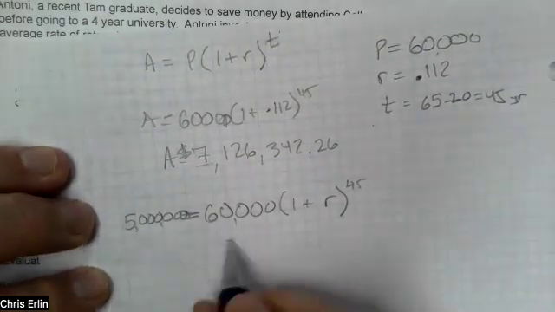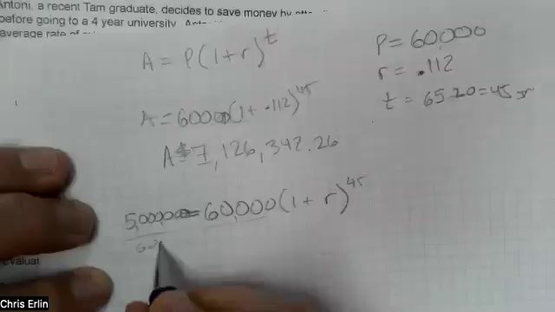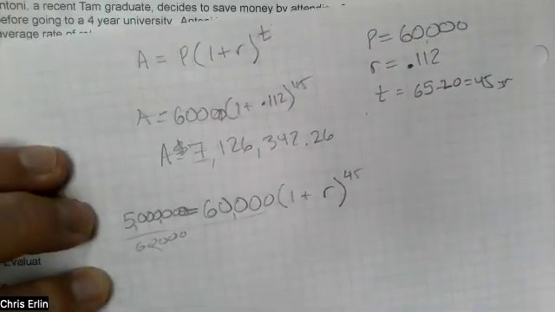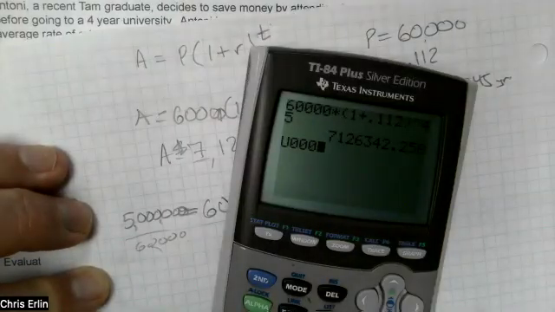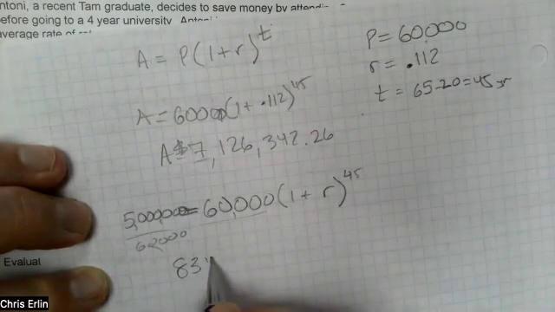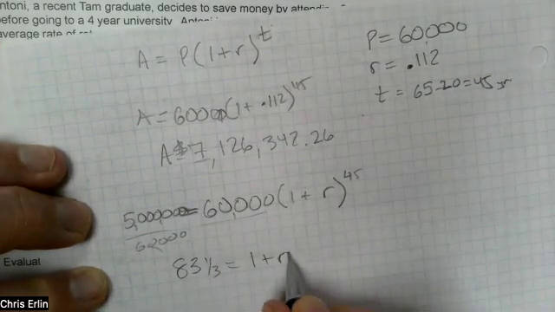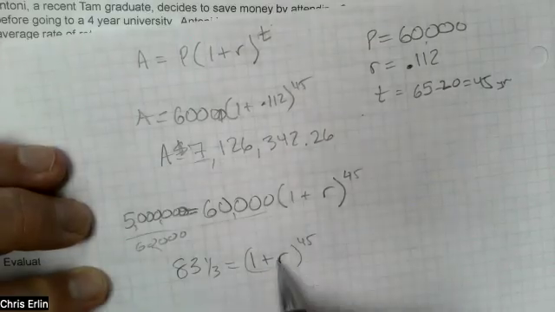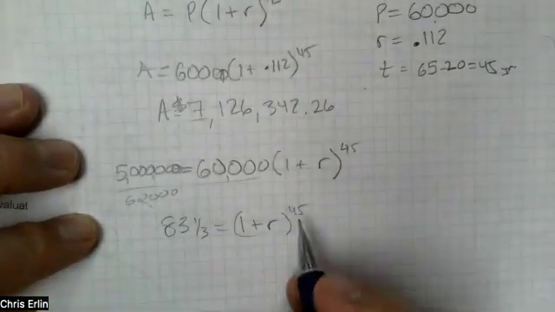So I'll take 5 million, and I'll divide both sides by $60,000. 5,000,000 divided by 60,000, and I get 83 and 1/3 is equal to 1 plus R to the 45th. I want to get to R, so I have to get rid of this 45th exponent.